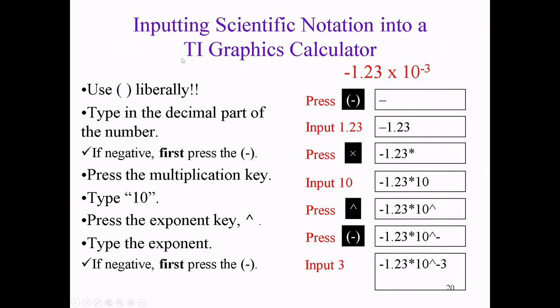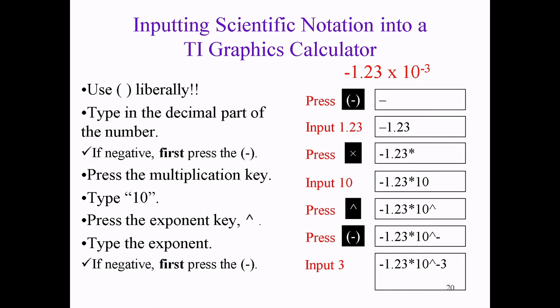So if you have a more sophisticated calculator, like the Texas Instruments graphing calculator, the process is a bit different. What they try to do is allow you to input it more like the way that you would write it. It's always important, whenever you're using a graphing calculator or a calculator that allows you to input multiple steps at the same time, to use your parentheses liberally.